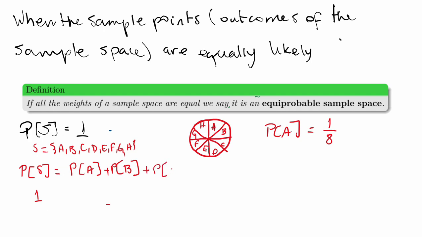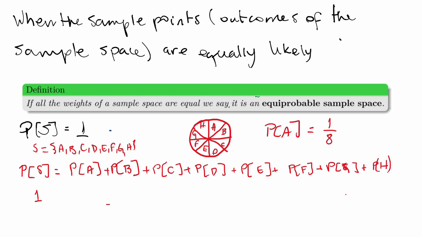We can use that rule that we break down, or sum up, the individual probabilities: P of A, P of B, and so on up to P of H. Now, I'm telling you that this is equiprobable.